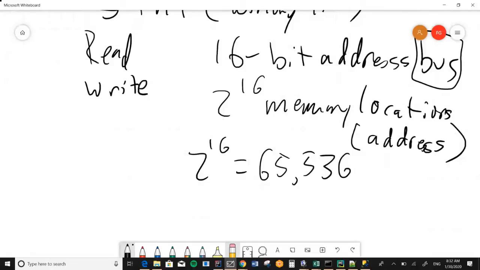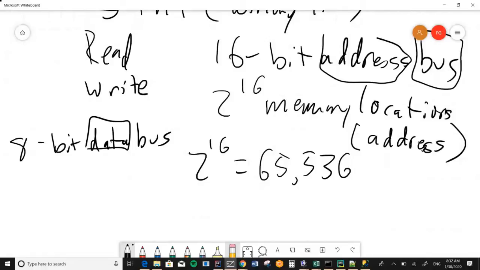The Commodore 64 had a 16-bit address bus, but it also had an 8-bit data bus. So two different buses, the address bus and the data bus. Because it had an 8-bit data bus, every memory address contained an 8-bit value. Each 8-bit value is commonly known as a byte.